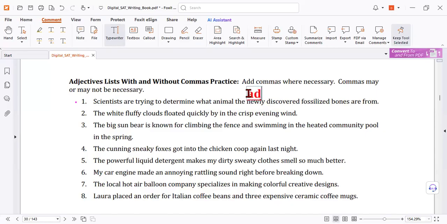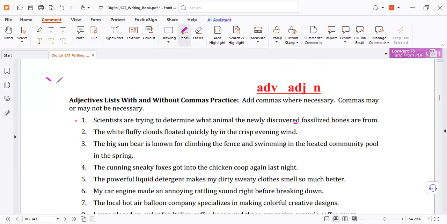Look: adverb, adjective. If you know this structure, it will be in any test. Adverb, adjective, noun. The adjective is made from a past participle, yes. Verb plus -ed, or any participle with a regular verb, can be an adjective, as you know, a past participle phrase. Yes or no? Correct, yes.